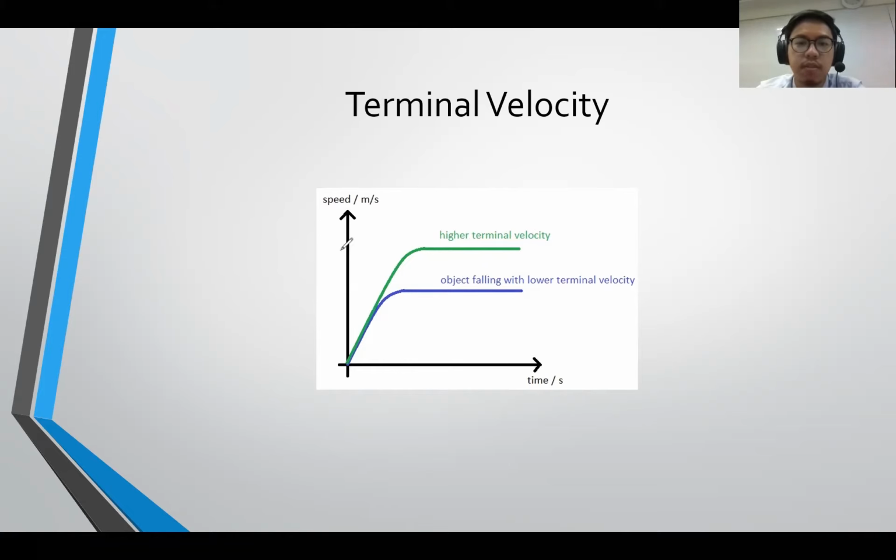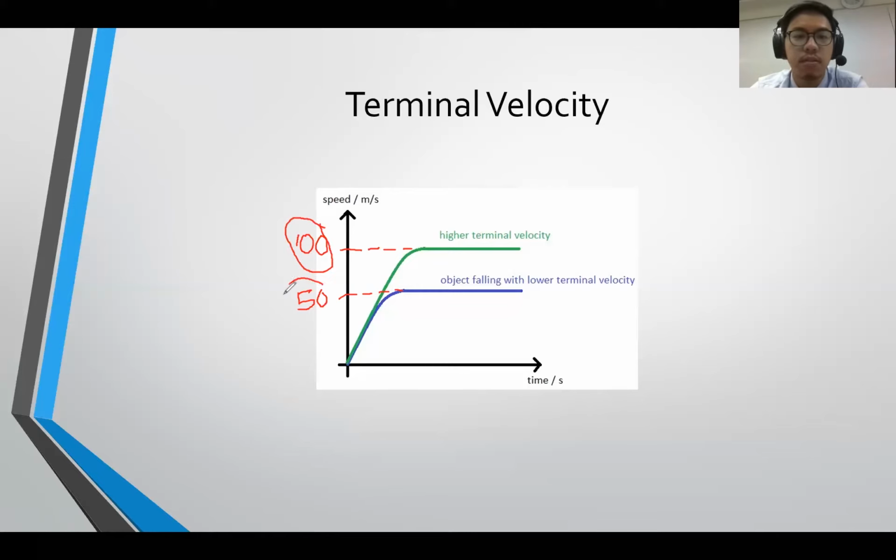So let me just give you numbers here. Let's say that's 100 meters per second for the green graph, and the one for the blue graph is 50 meters per second. So if I ask what is the terminal velocity for object number 1, which has the green graph, you can say the terminal velocity of object number 1 is 100 meters per second.